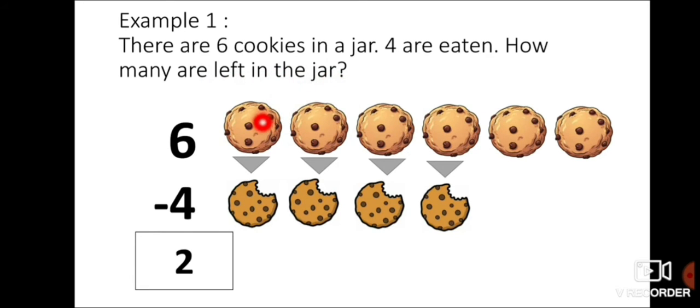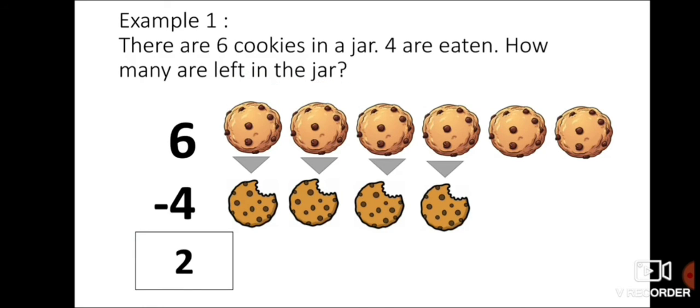So as you can see, there are 1, 2, 3, 4, 5, 6 cookies in a jar. And 4 are eaten. See, 1, 2, 3, 4. 4 cookies are eaten. Now the question is how many are left in the jar?